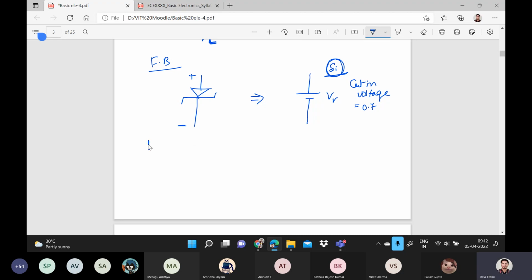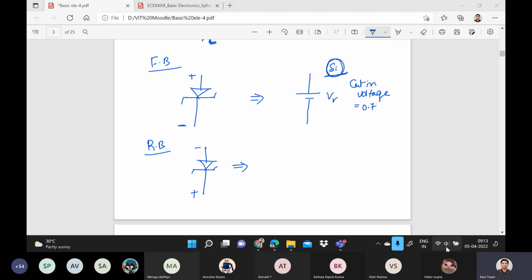Now, if it is reverse bias, what will happen? Reverse bias means you can represent it like this, and this terminal is negative, this terminal is positive. In the case of an ideal diode, what were we doing? Tell me, anyone, if a PN junction diode is reverse biased. So open circuited. The open circuited.